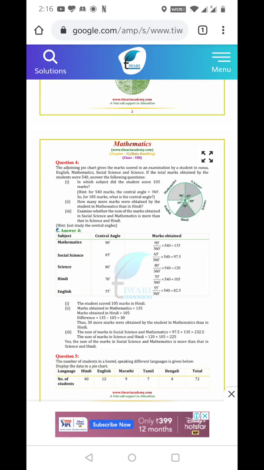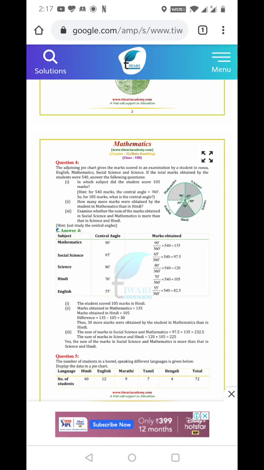The pie chart given here is not in numbers, it is in degrees. It is very important to notice this. Some students may say that it is 90 and 65 as a number, but it is not, it is degrees. So now we have to convert these degrees into numbers.